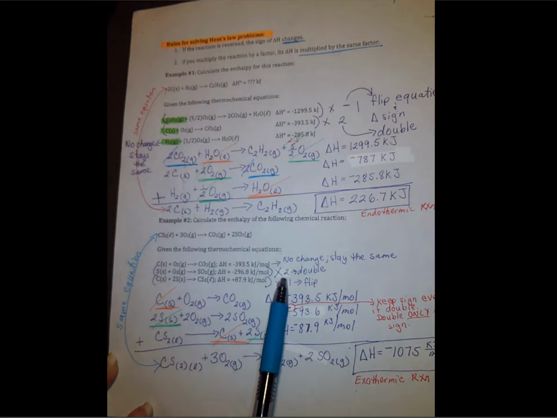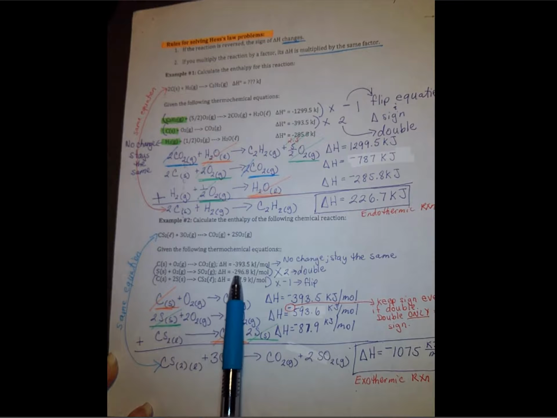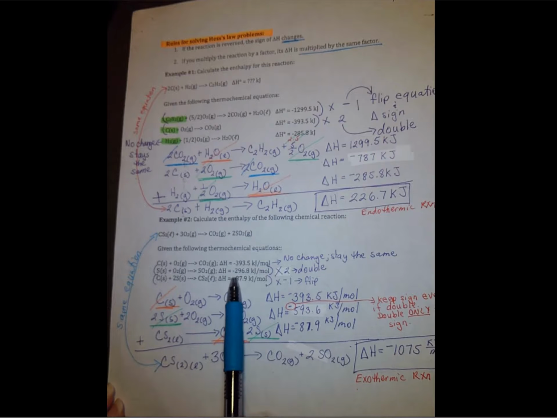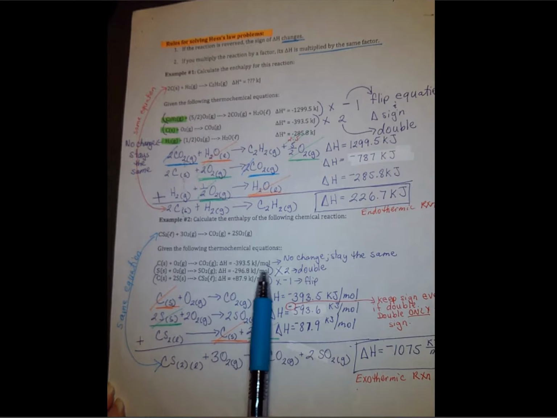Now, since we are multiplying by 2, we are going to double the number value only. 296.8 kilojoules per mole, multiplied by 2, gives you 593.6 kilojoules per mole. And don't forget that this is not where you multiply negative times negative.